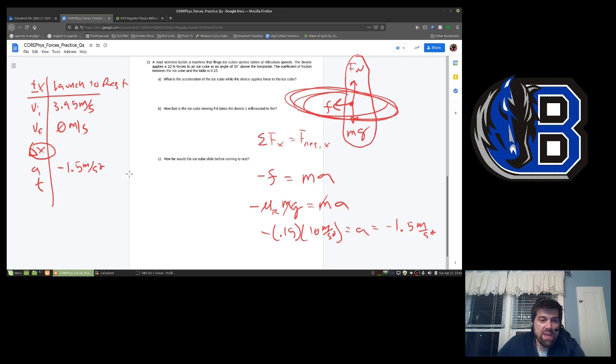The equation that doesn't have time in it is that one. I'm solving for delta x, and final velocity is 0, so I'll subtract it over. Negative vi squared over 2a equals delta x.